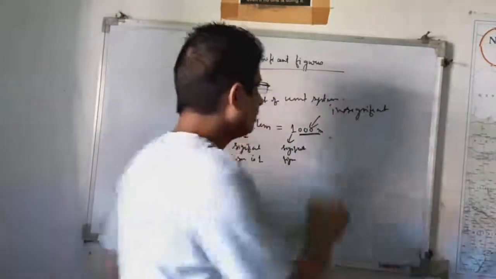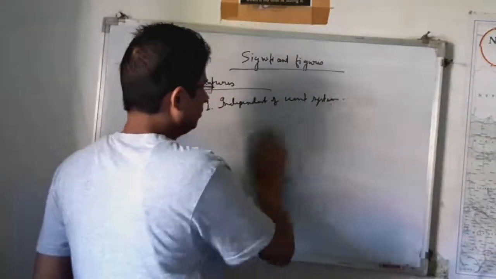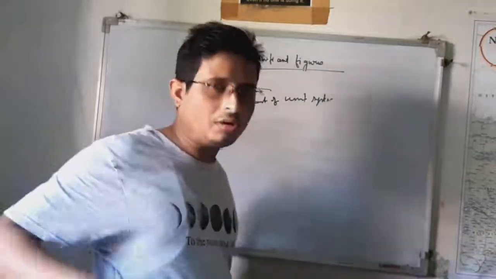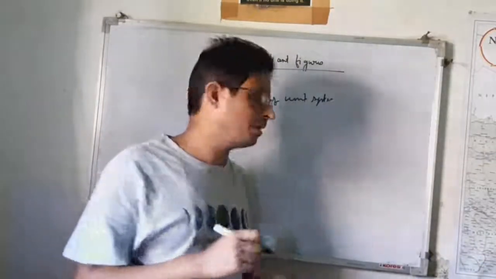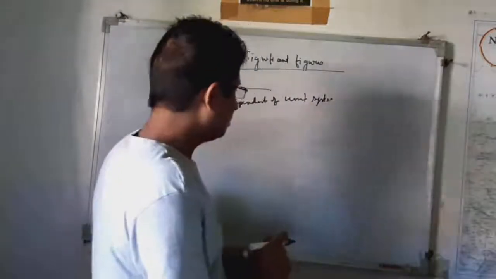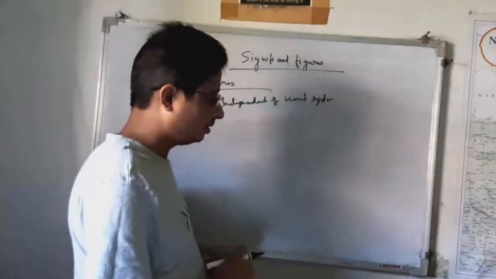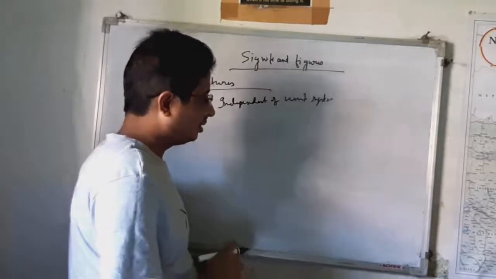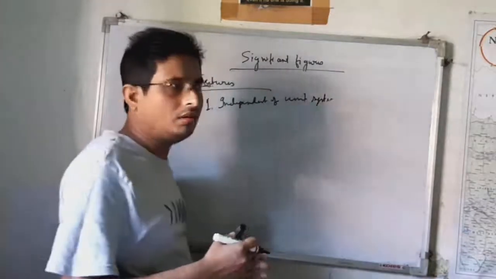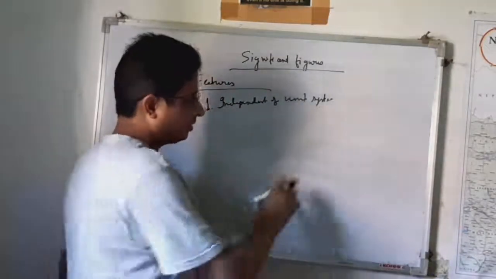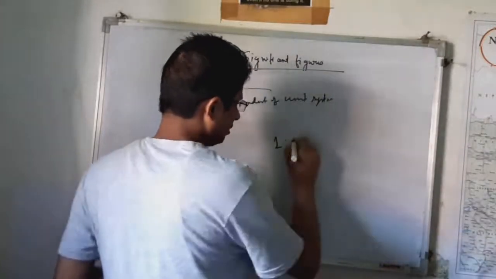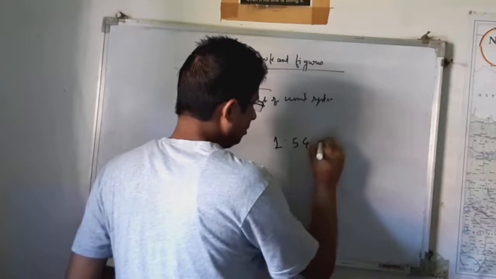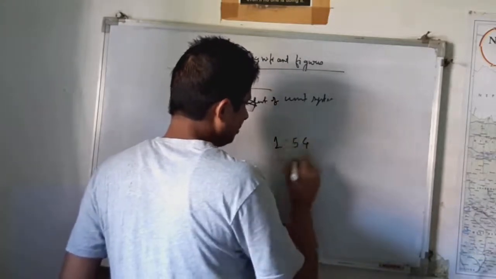Number 2, all non-zero digits are significant. Suppose I want to measure a length, or a time period of an object, 1.54.